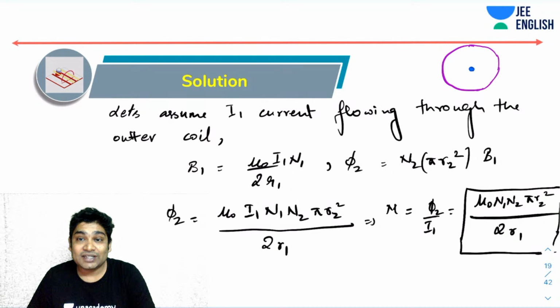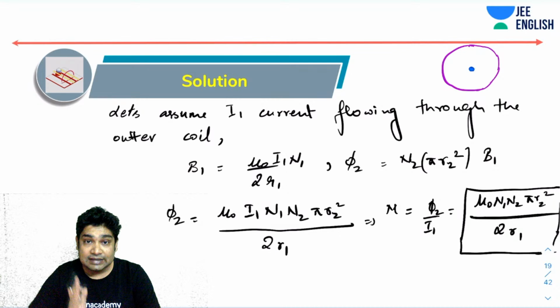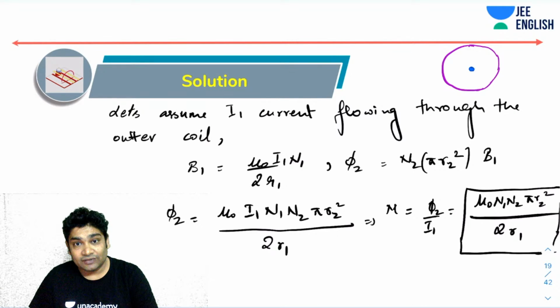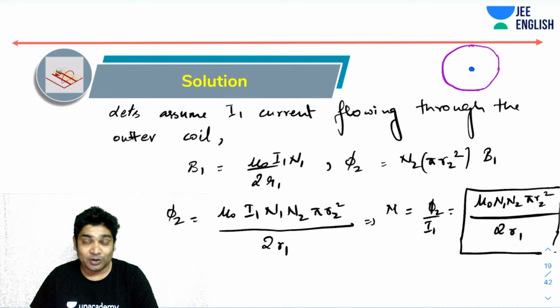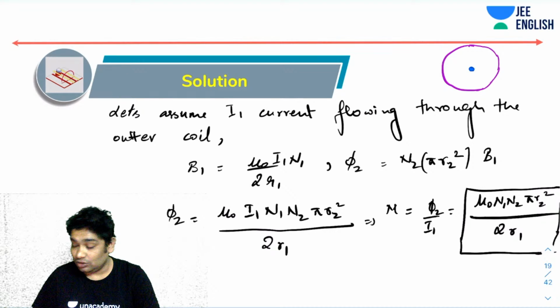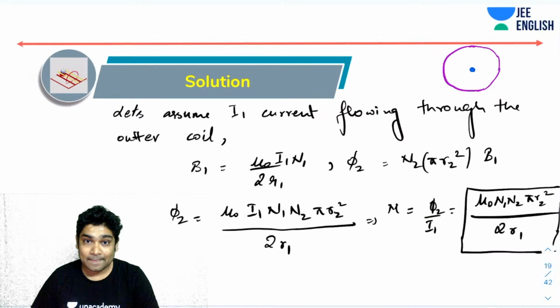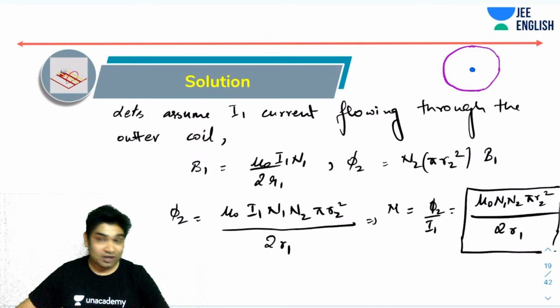So this is how you will calculate the coefficient of mutual induction. Standard approach: assume the current flowing through one coil, find the flux or magnetic field it produces passing through the other coil, find the flux linkage, and then flux linkage per unit current is the coefficient of mutual induction. If there are any confusions, you can let me know. Cool. Is it all clear?